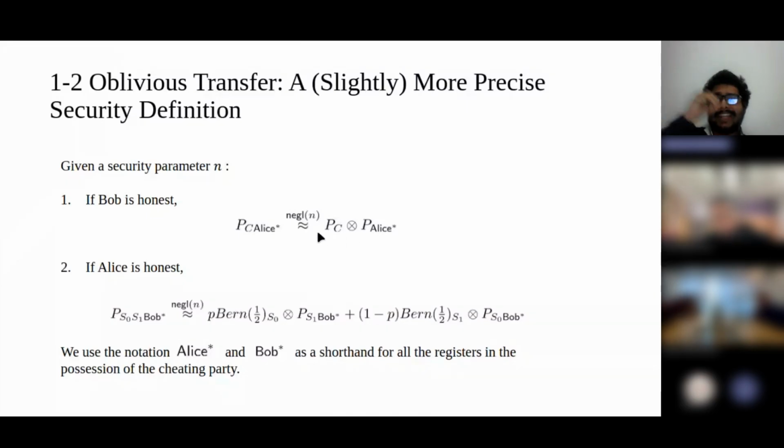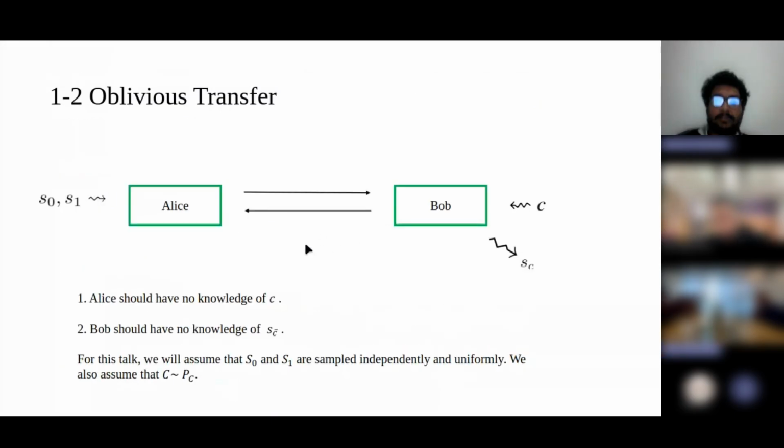So the distribution of the choice bit C should be effectively independent of what Alice holds. This condition tells you that whatever Alice does, she cannot have any information about the choice bit. This corresponds to the condition that Alice should have no knowledge of C.